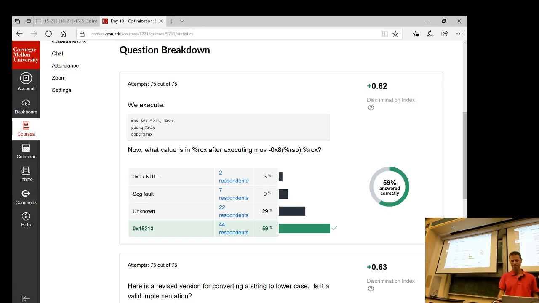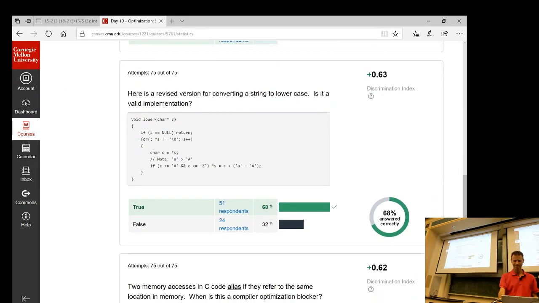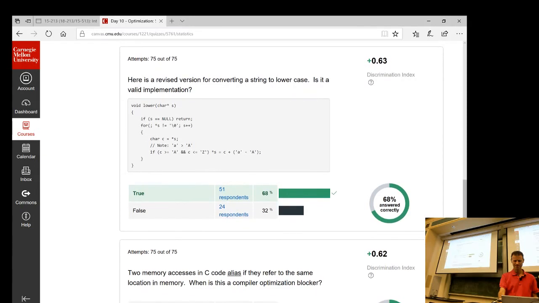Yes? For the second question, what if the input string does not have a null character? Doesn't that mean that this string is not safe? Well, if you give it a string without a null character, then it's going to correctly just keep going until things crash.